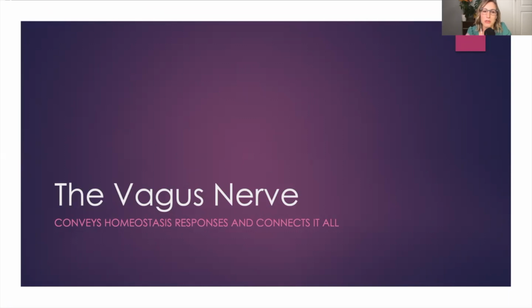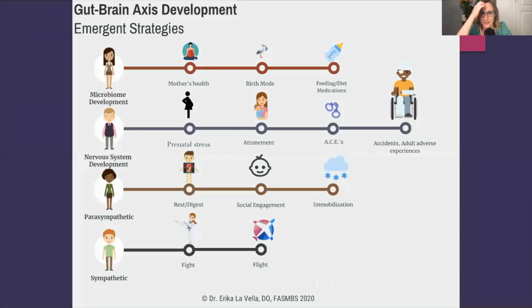And remember, homeostasis is this biological need to restore balance. If we tip the scale one way into stress, we have to find our way back to a sense of calm. That's what homeostasis is.